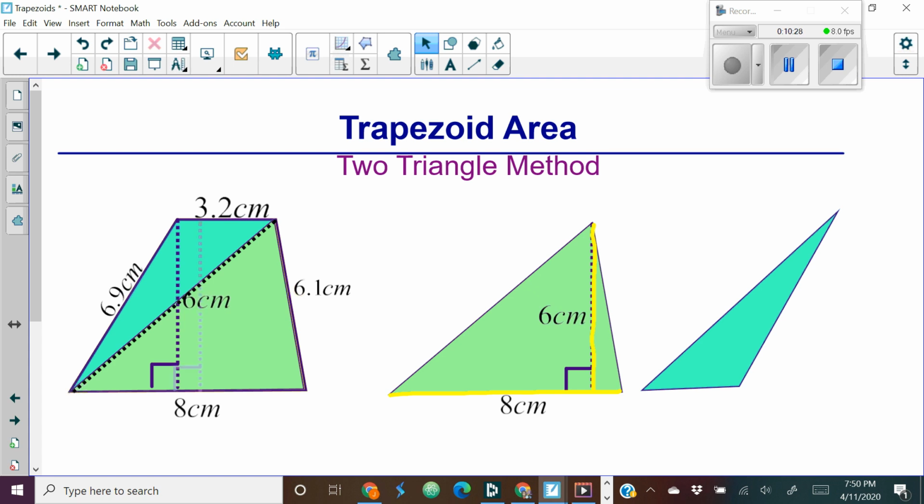For the blue triangle, the height is outside because it's an obtuse triangle. So an obtuse triangle is one of those triangles where it has one angle that's more than 90 degrees. But the base is still here, and if you could imagine if it did continue on, it would form a right angle with the height.